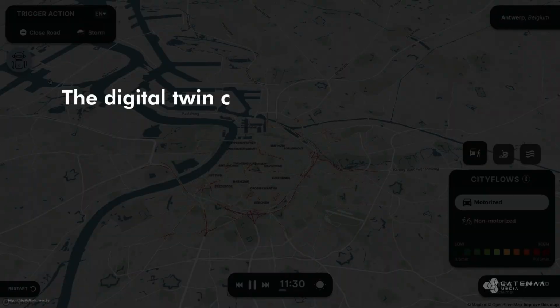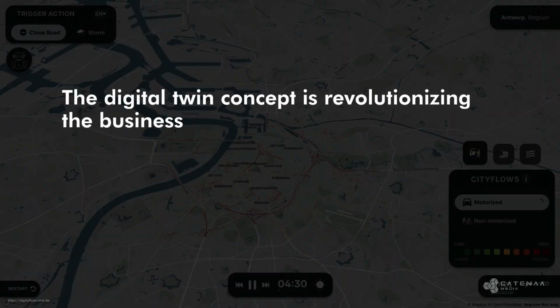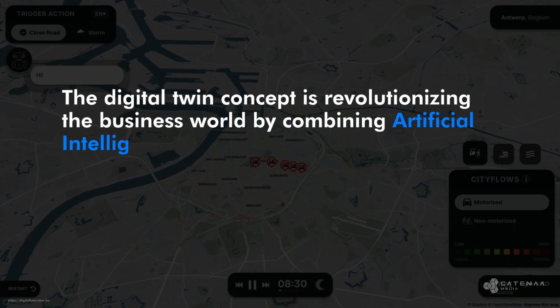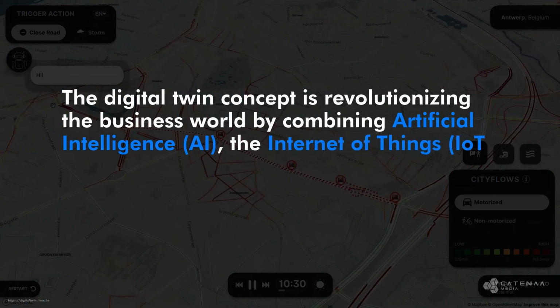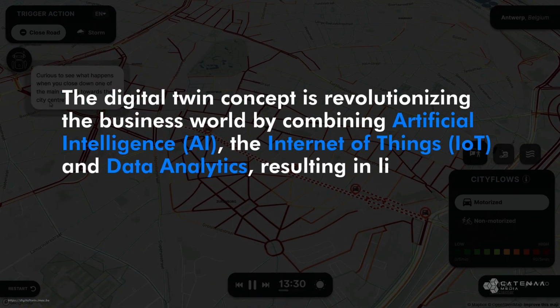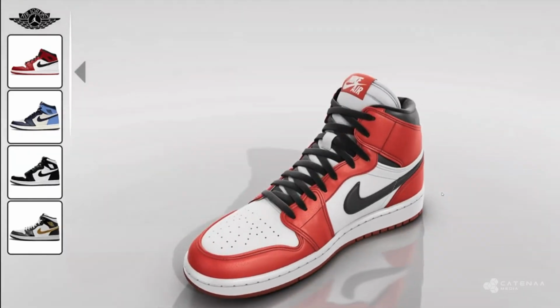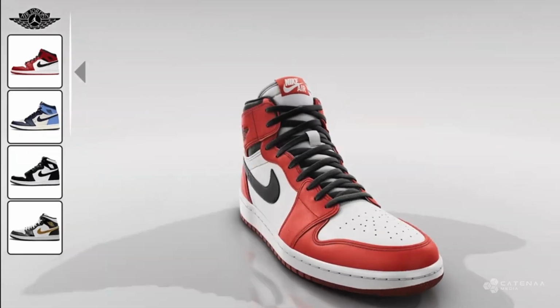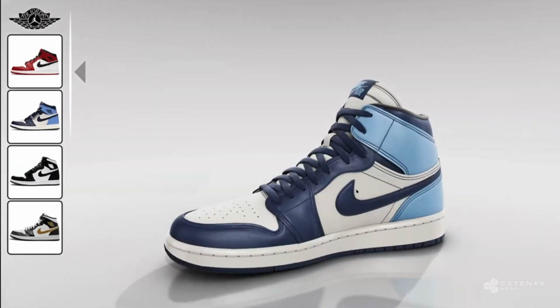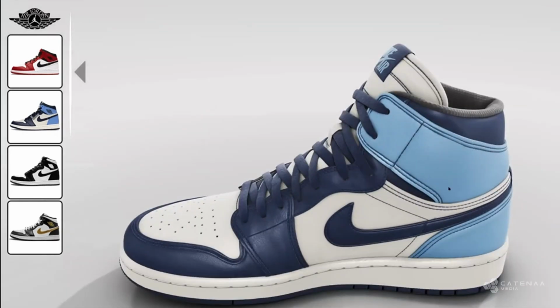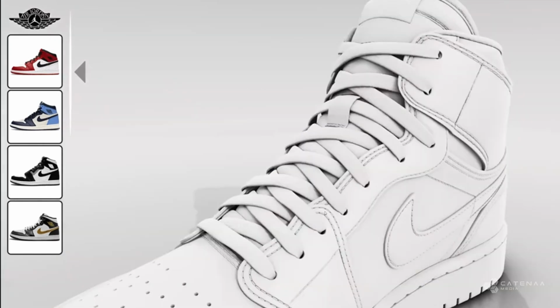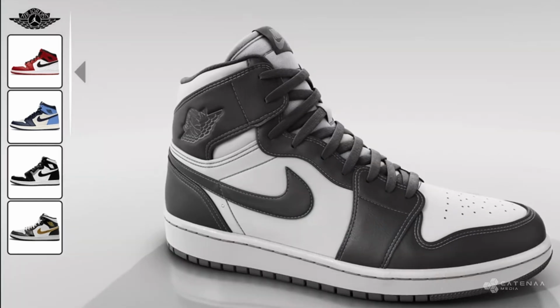The digital twin concept is revolutionizing the business world by combining artificial intelligence, the Internet of Things, and data analytics, resulting in limitless potential and significantly enhanced business value. Digital twins have sparked a revolution in product development and operations management, harnessing the power of virtual simulations for unparalleled insights and efficiency.